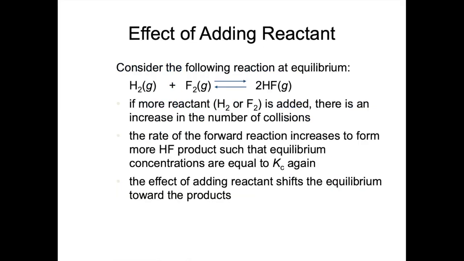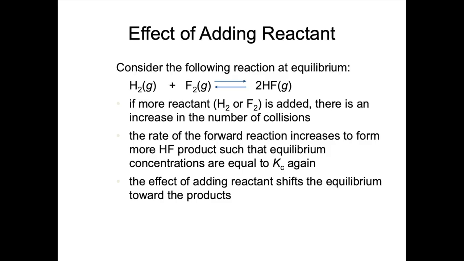Okay, so let's look at an example using actual chemicals. Here we have an equilibrium between hydrogen and fluorine on the reactant side with hydrogen fluoride on the product side. Let's say we add more of a reactant. It doesn't matter if it's hydrogen or fluorine, anything on the left side of that equation, the system will try to use it up. That forward reaction will speed up and use up more of your reactants, thereby removing that extra reactant that you added.